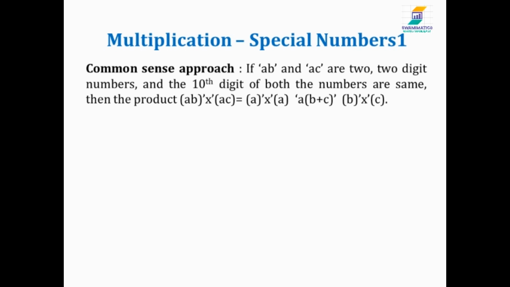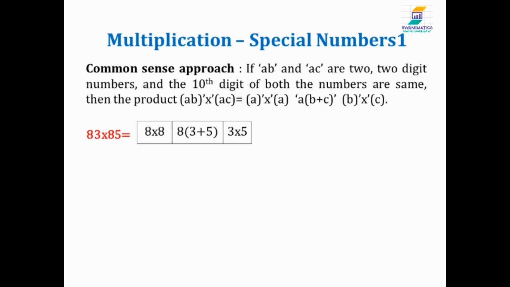We will also discuss some common sense approach. If AB and AC are two 2-digit numbers and the 10th digits are the same, but B and C are not adding up to 10, right? Okay. So here B plus C is not 10. For example, 83 into 85, it is 3 plus 5 is 8.